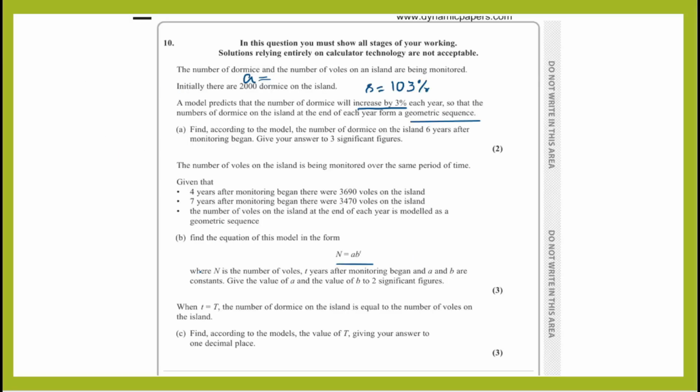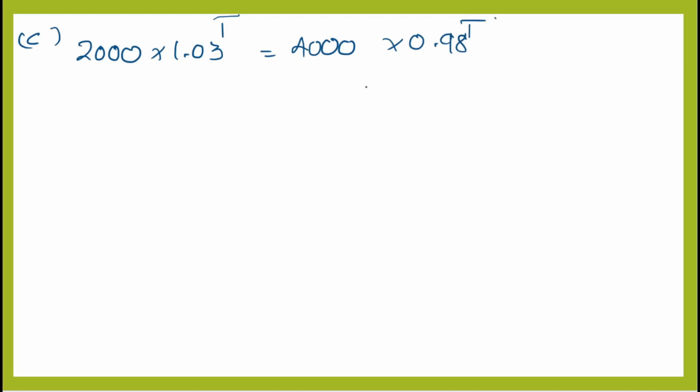Now for part C, let's calculate the value of t when the number of domains on the island is equal to the number of voles. Now set 2000 times 1.03 whole to the power t equals 4000 times 0.98 whole to the power t. Simplifying, 1.03 by 0.98 whole to the power t equals 4000 by 2000, which equals 2.